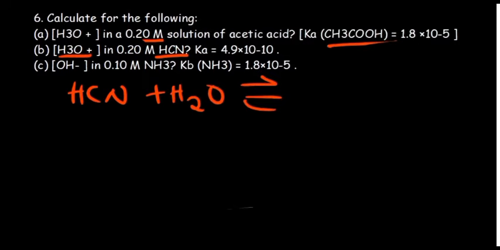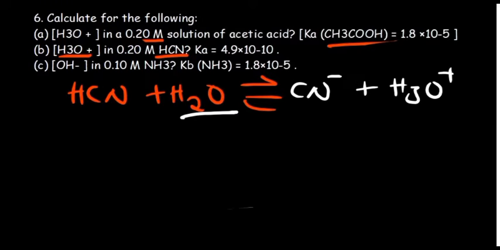Being an acid, it is supposed to donate a proton, so the products will be CN minus, and the other part is going to be the hydronium ion, meaning that the water molecule has gained a proton from the acid.